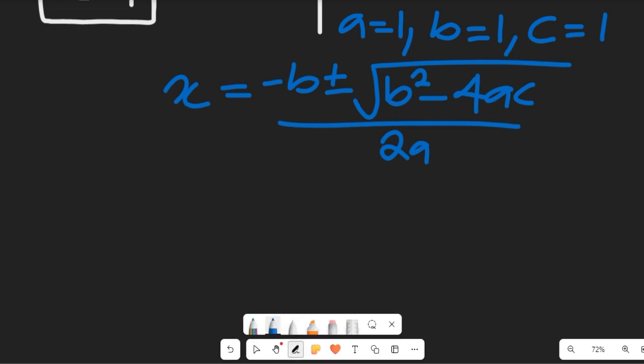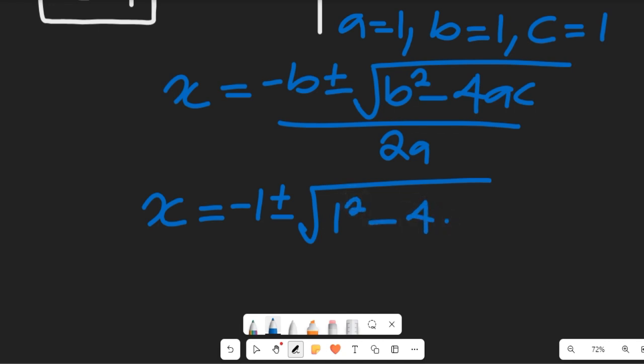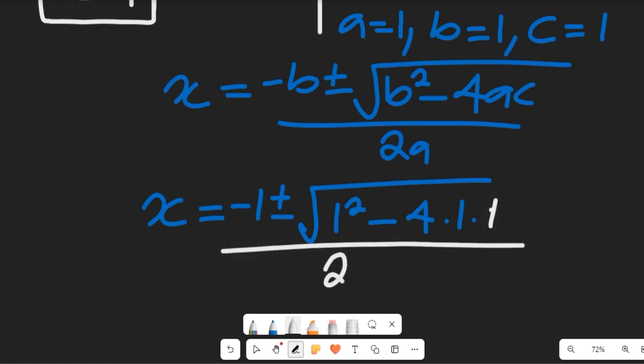Great. Now let's simplify this. Substituting the values of a, b, and c, we'll have x equal to negative 1 plus or minus the square root of 1 squared minus 4 multiplied by 1 multiplied by 1, which is c, right? And all these will be divided by 2 multiplied by 1.